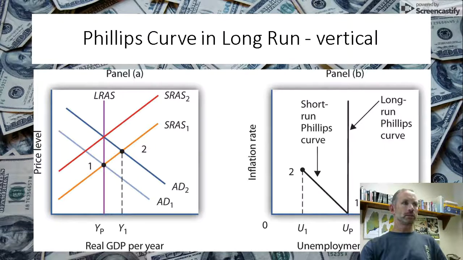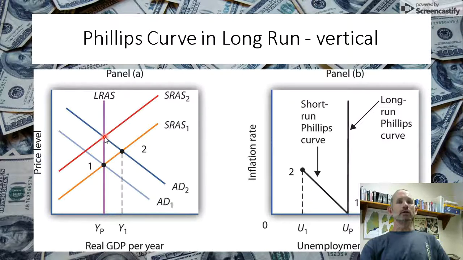So we'll end up, for a short time, moving to point 2, but in the long run, as production costs for businesses increase, we'll move back here to what I'm going to call point 3, but this higher level of equilibrium.